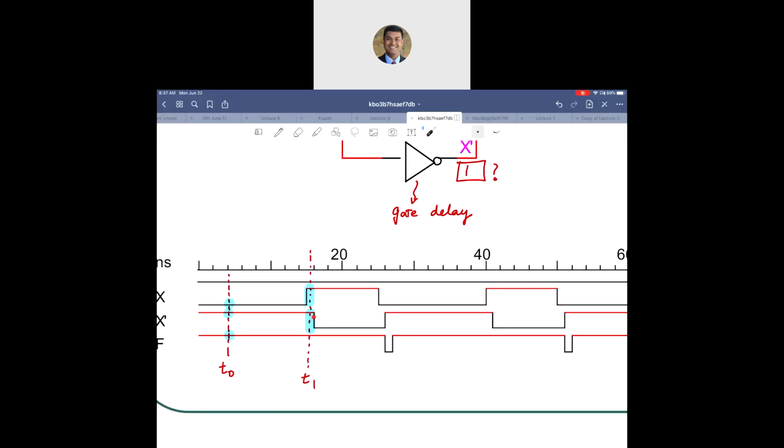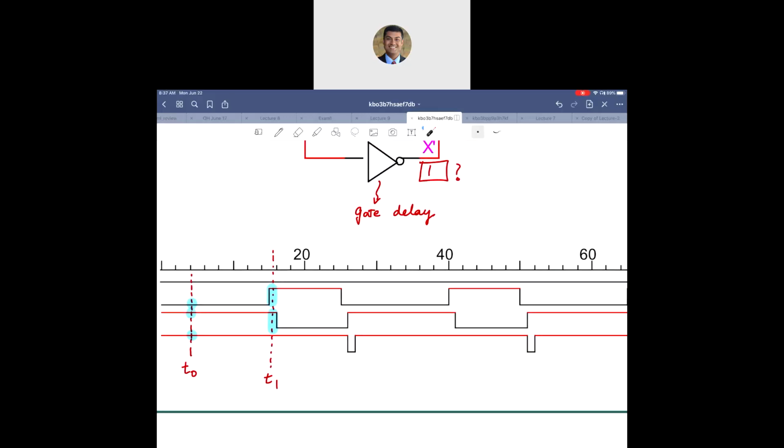It was true. Now let's go a little bit further. Let us try to take a look at over here. Let's see. I'm going to take a look at a time t2 over here, where x has gone from 1 to 0, but x complement is going to take some time to go to 1.